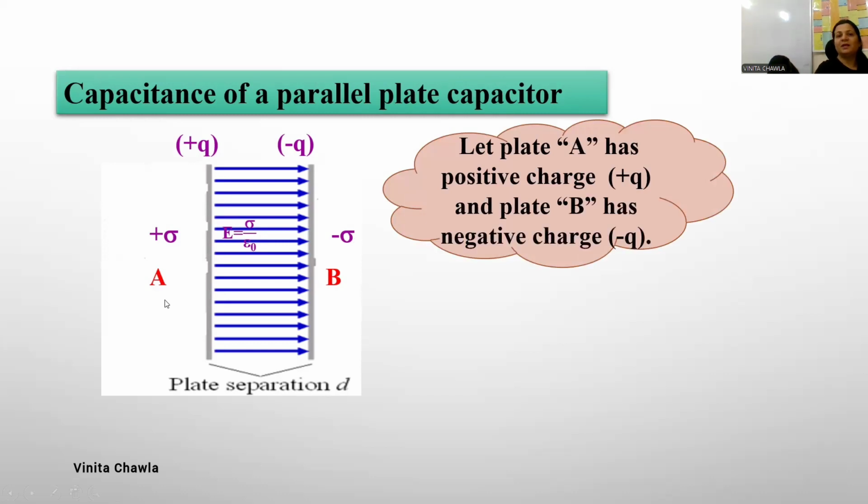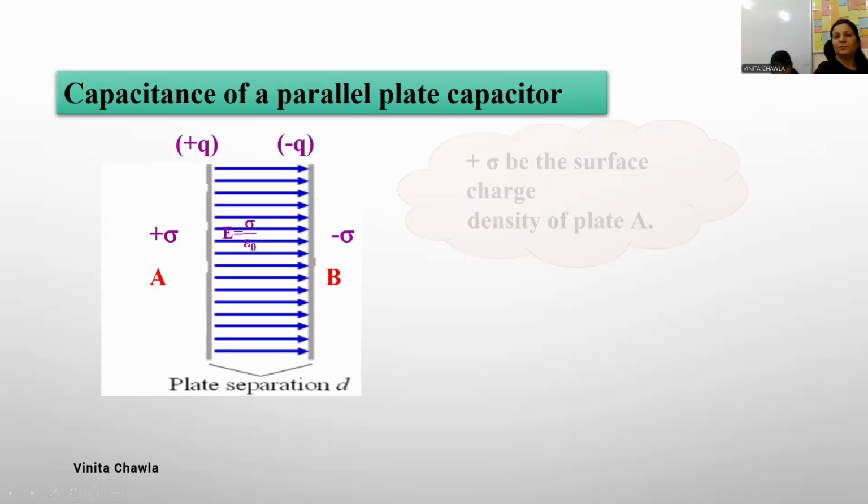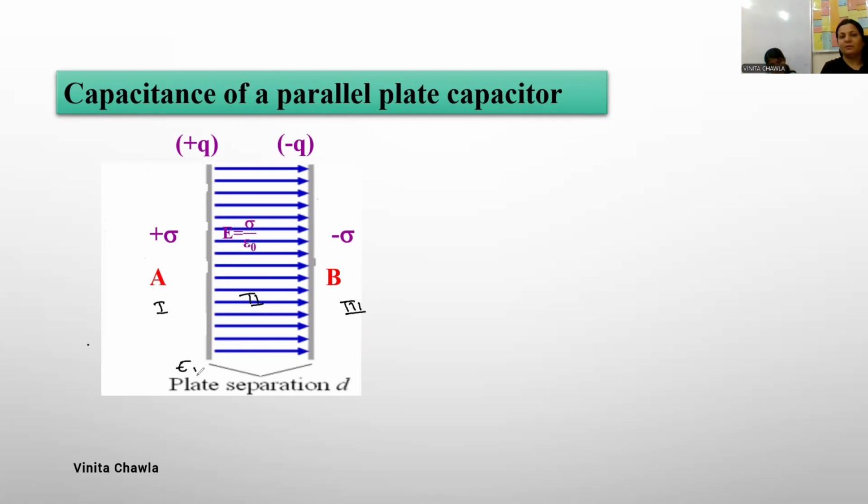We are assuming that plate A has positive charge plus Q, while plate B has negative charge minus Q. Plus sigma is the surface charge density of plate A, and minus sigma is the surface charge density of plate B. We have three regions: region 1, region 2, and region 3. Let E1 be the electric field intensity due to plus Q, and E2 be the electric field intensity due to minus Q. What is the direction of the electric field due to plus Q?